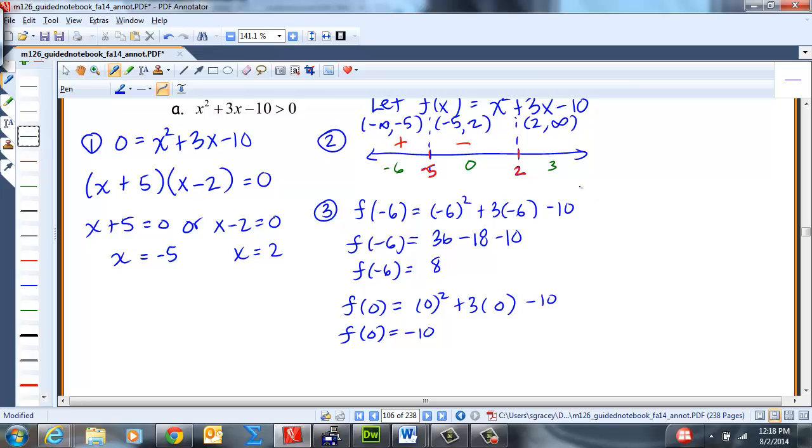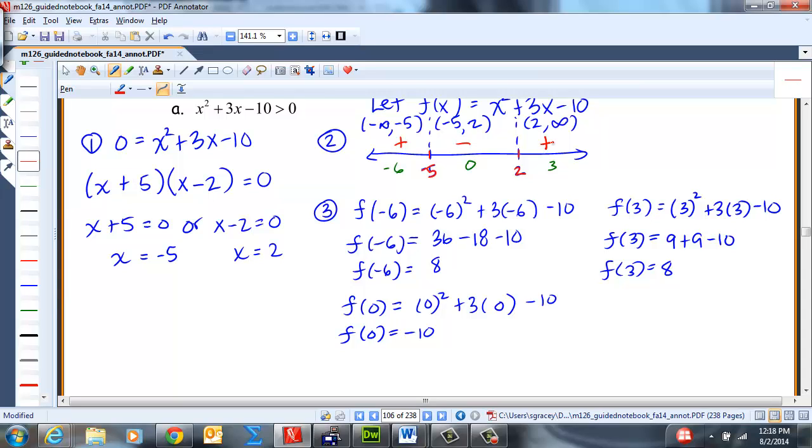Okay, and then the last number we were going to test is x equal to 3. So we would get 3 squared plus 3 times 3 minus 10. So f at 3 is 9 plus 9 minus 10. F at 3 is 8. So this 8 is a positive number, so that means we get positive y values for every input value in that interval.